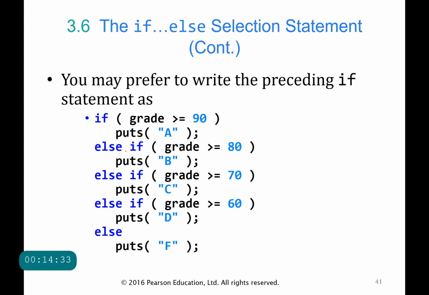So you could basically put this as else if grade is greater than or equal to 80, then you print B. Otherwise, if it's greater than or equal to 70, you print C. So what will happen is, when you get a grade, if this grade happens to be greater than or equal to 90, you will go into the body of the first if statement, you will print A, and then you will exit the whole else if block.